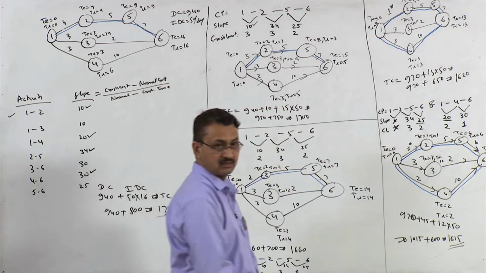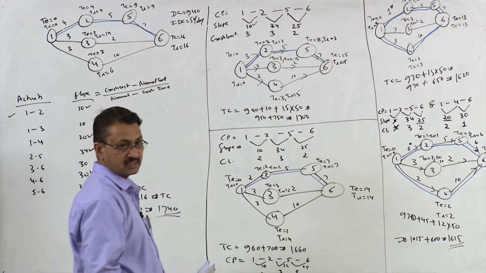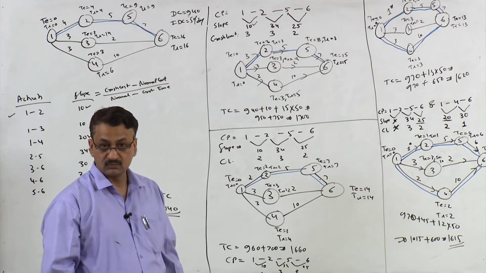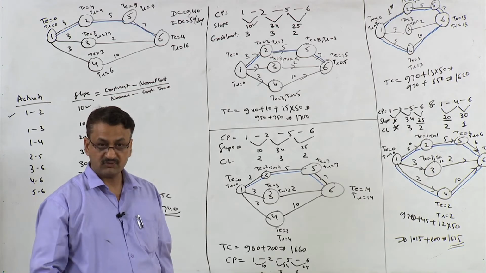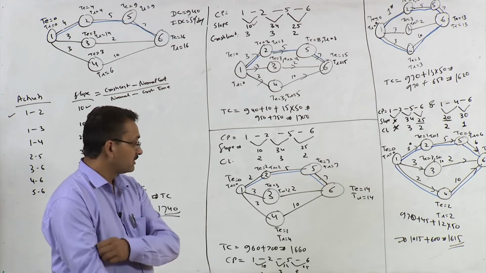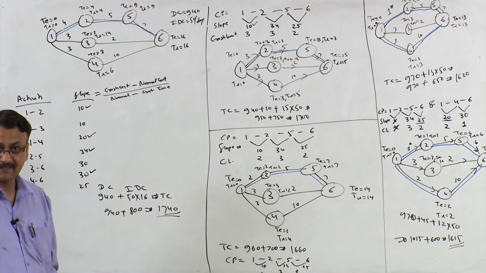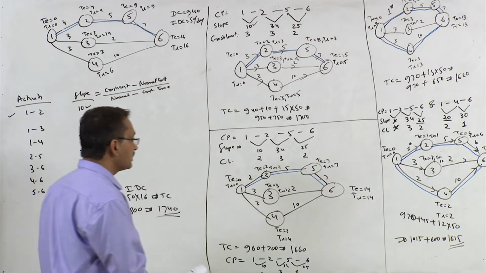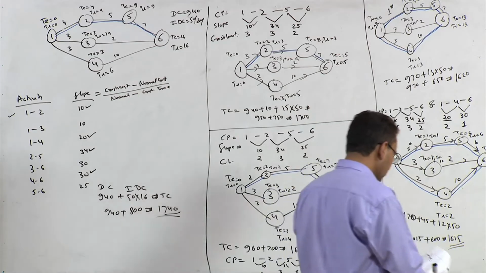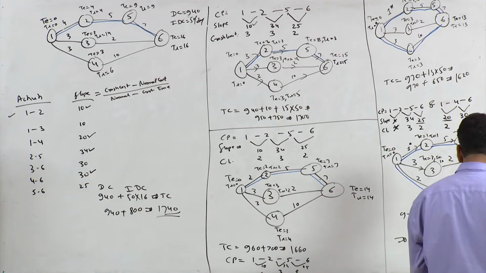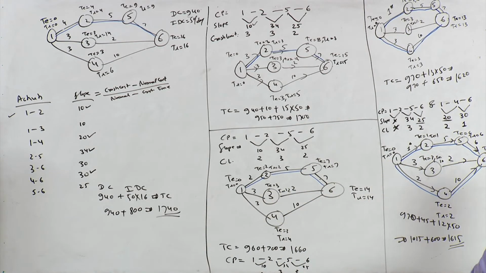Total duration is 12 and total cost is this. Now what to do? Shall we further decrease duration of this particular project? Because here we have got two critical paths, right, and the total duration is 12.